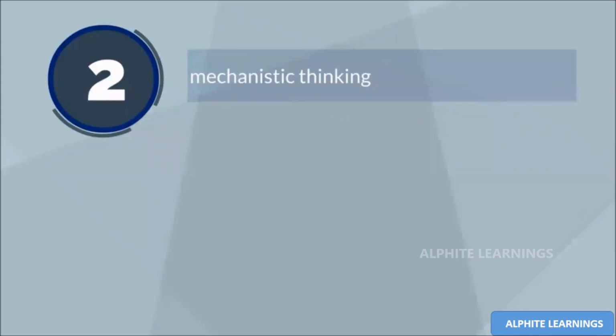The second thing is you should have mechanistic thinking. The word mechanistic is nothing but being well aware of what you are doing. Like in my example: take a bowl, pour milk, add the powder.